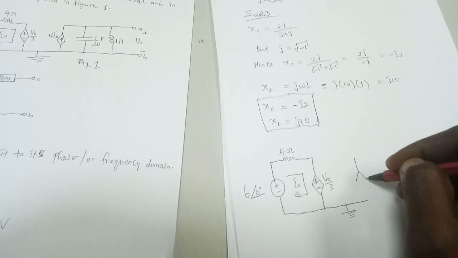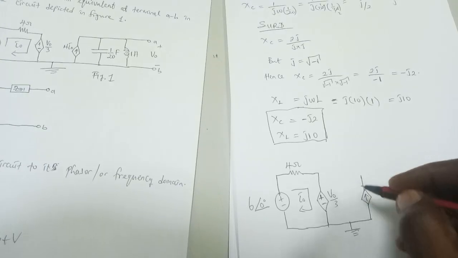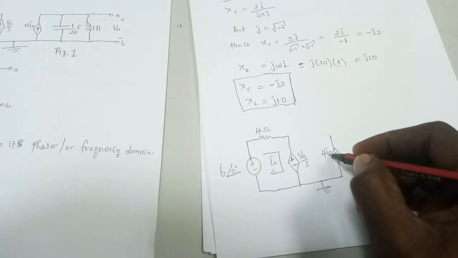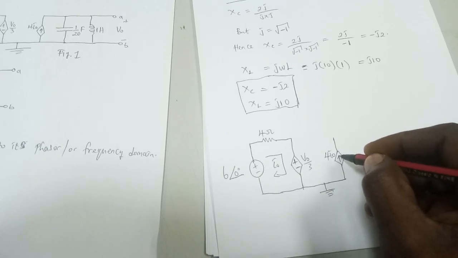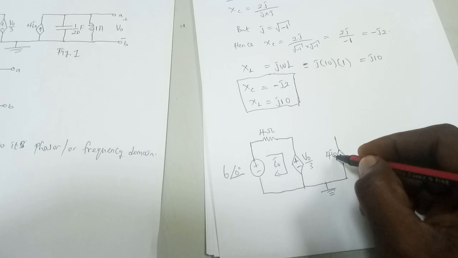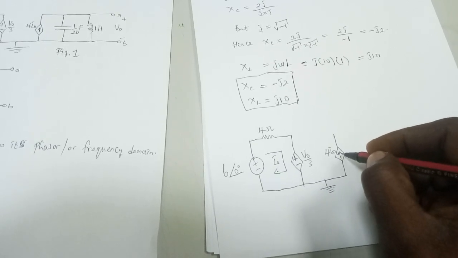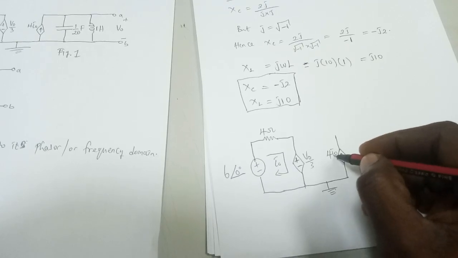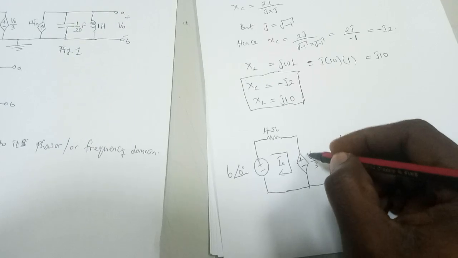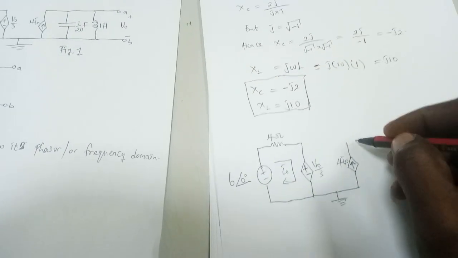Next, we have the current controlled current source. This is a dependent current source which is controlled by a current I0. So whatever value of I0 you put here will change the value of this current. So it's a current controlled current source. Voltage controlled voltage source. Whatever value of the voltage V0 you put, the voltage here will change.